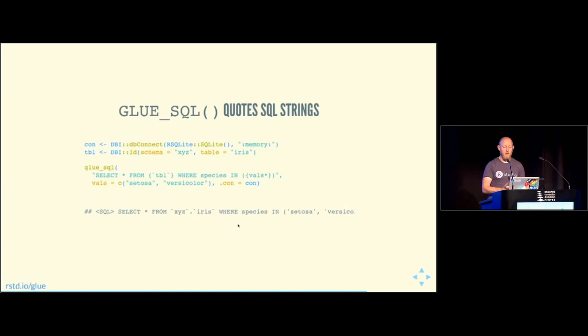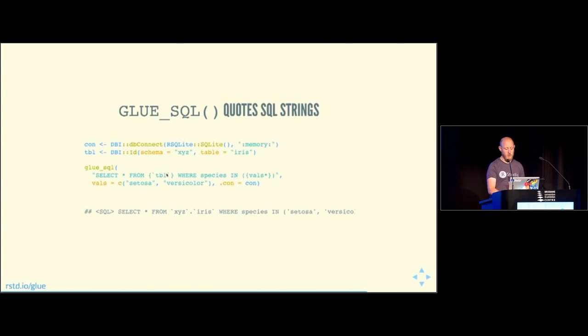So another function that's really useful for generating SQL is called glueSQL, and what this does is handles all of the quoting for SQL strings. So this uses the connections for databases in the DBI package and the schema support in the DBI package to generate these strings.